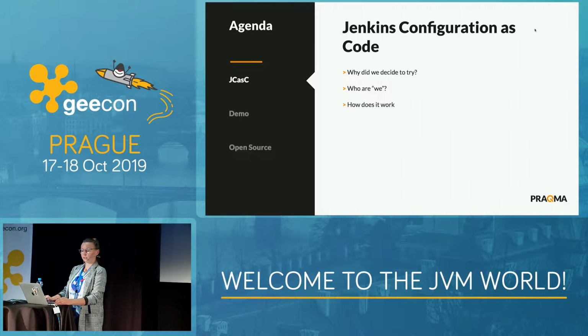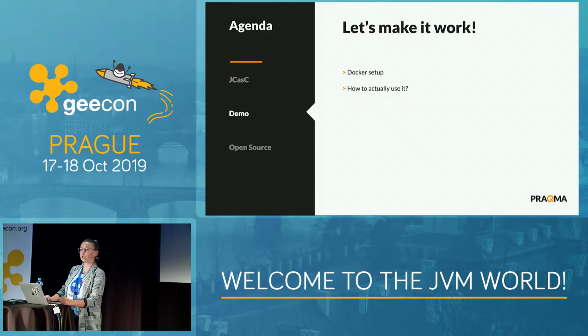So what am I gonna talk about today specifically? First, I'll explain what is JCasC, why we decided to try it, who we are, and how it works. Then we'll move to a short demo where I will pray for my Docker container to work properly. I'm using Docker, so I'll very briefly explain the Docker setup I have for that demo, but Docker is not a requirement for configuration as code.